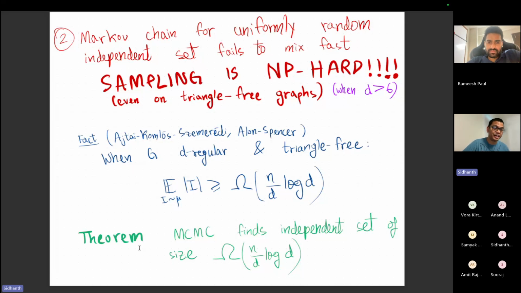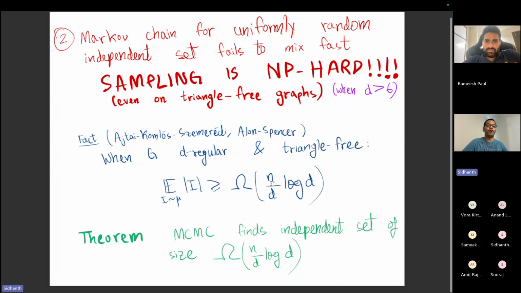Now let me say something. First, a fact about why one might care about this problem of sampling a uniformly random independent set in a graph. And then I will say something about the Markov chain. In the 80s, it was proved by Ajtai, Komlós, and Szemerédi that when you have a graph G which is d-regular, and this graph G additionally has no triangles in it, then there is an independent set in the graph of size n over d times log d.